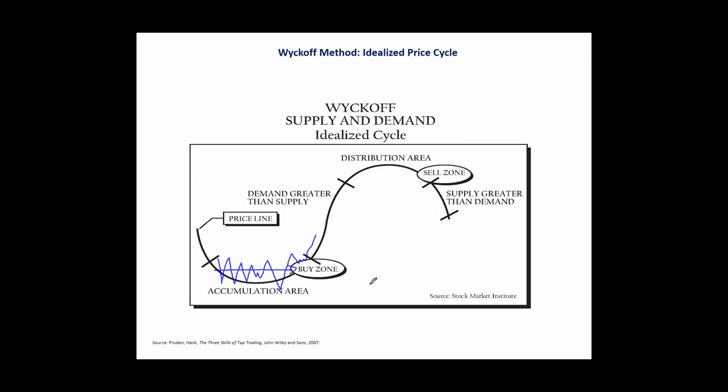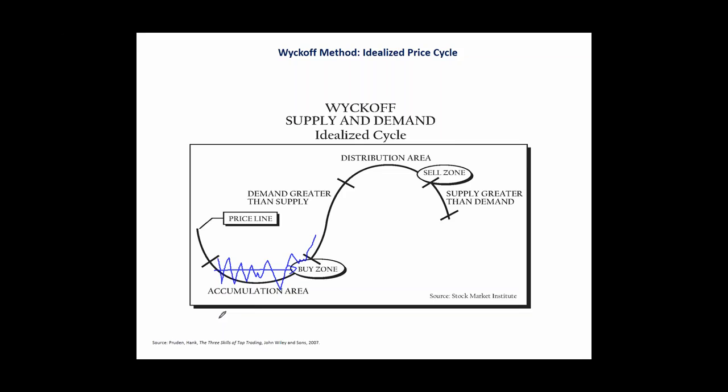Intelligent activity is very large interests, which we call the composite operator, that are very good at what they do, accumulating large quantities of shares throughout the entire accumulation range. And we call this activity absorption. This absorption is the careful accumulation of stock throughout.